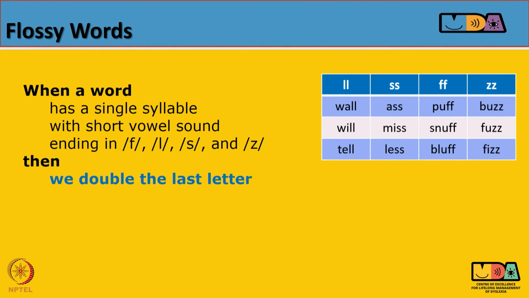As the name of the rule itself suggests, the hint is there for you right in the name of the rule. When a word which is a single syllable word with a short vowel sound ends in F, L, S and Z, then we double the last letter. I had mentioned about scissor words.